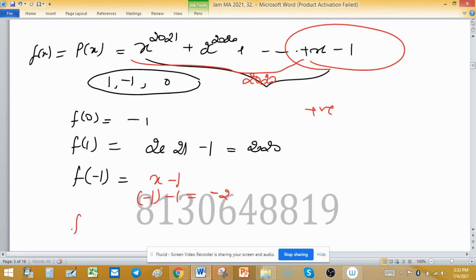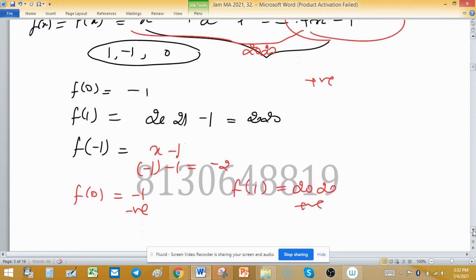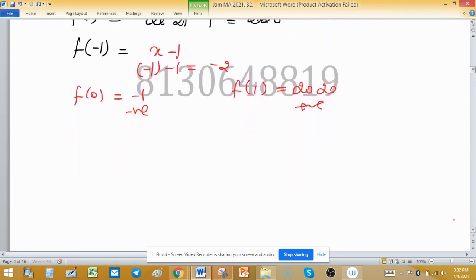So we have f of 0 is minus 1, which is negative, and f of 1 is equal to 2020, which is positive. As I already told you about the geometric interpretation of the intermediate value theorem, one is positive and one is negative, so the product of f of 0 and f of 1 is less than 0.